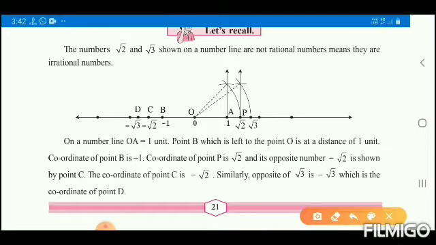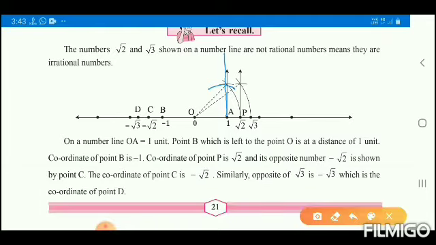Because the distance O to A is 1 unit. So first of all, you have to draw the perpendicular from point A. Then take the 1 unit distance in your compass and draw the arc passing through the perpendicular you drew from point A.